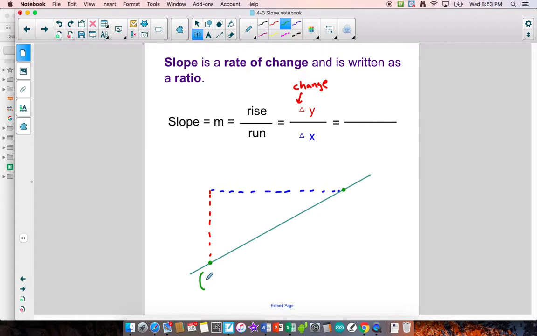Remember, it always is x comma y. I'm going to list this point as, so x comes first. X comes first. I'll call this point 1. This is x1, comma, y1.